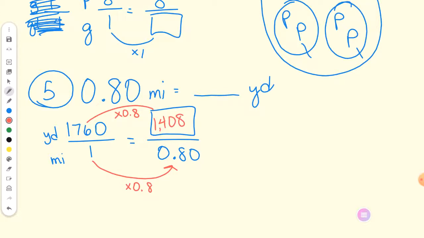Why does that answer make sense? Because you're multiplying by something below 1, so you should get less than what you started with.